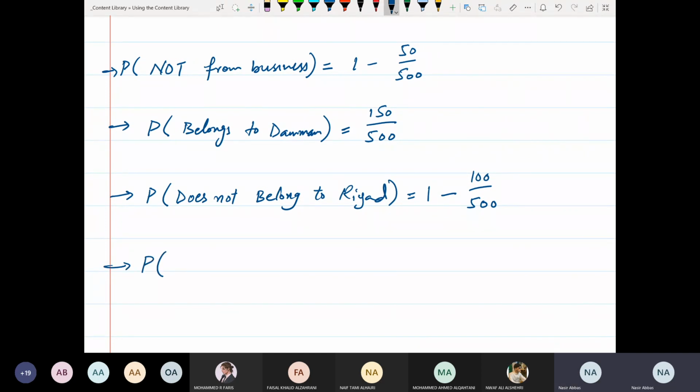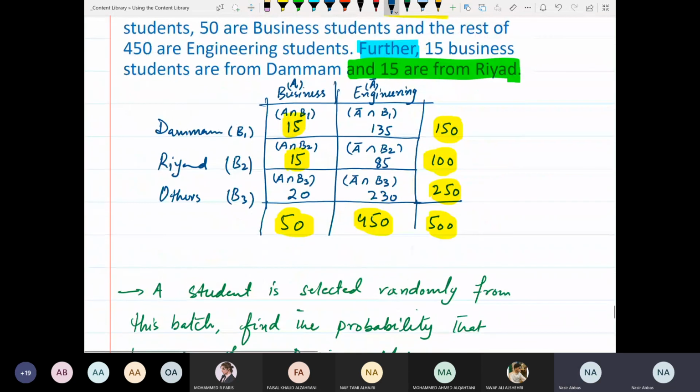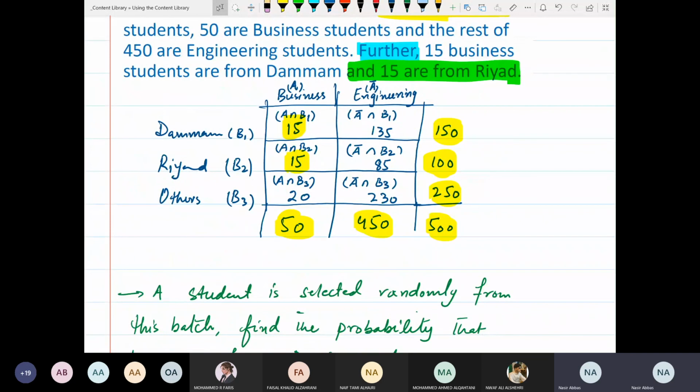What is the probability that if I pick a student, he is from the mom, and he's an engineering? The mom and engineering. Raise your hands.